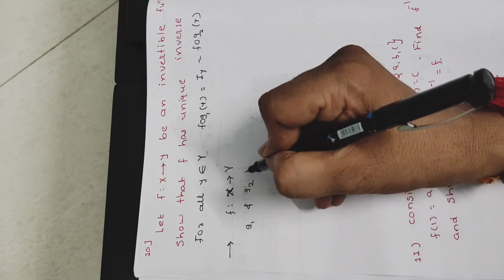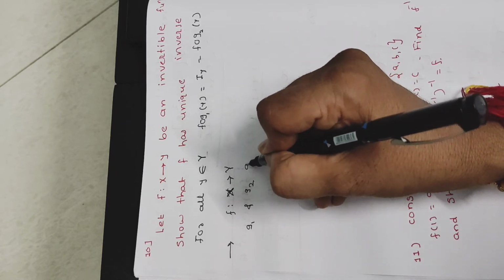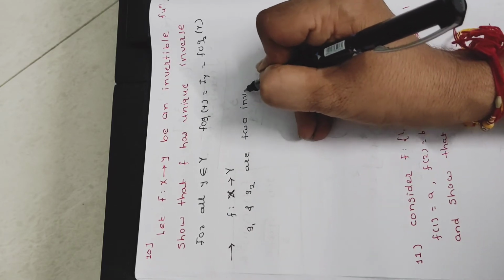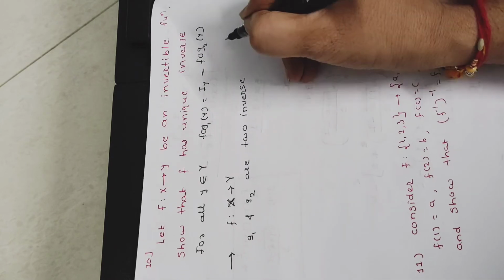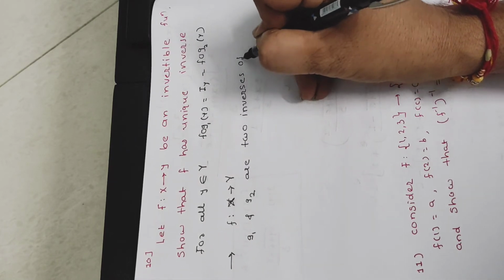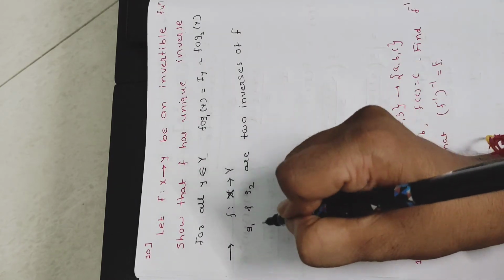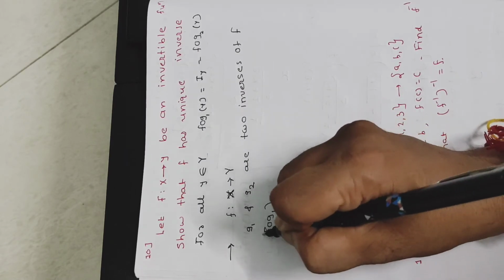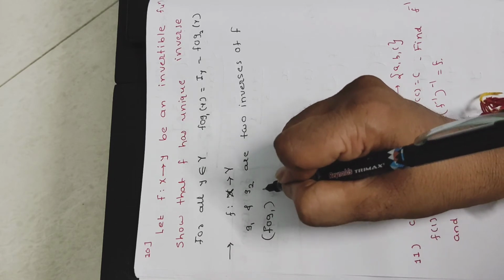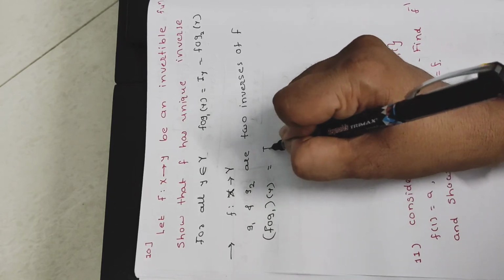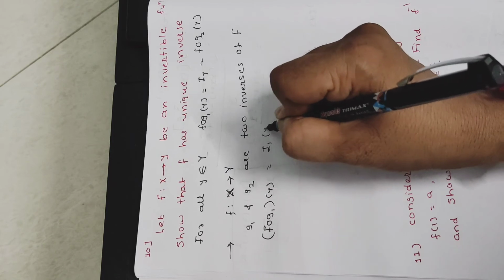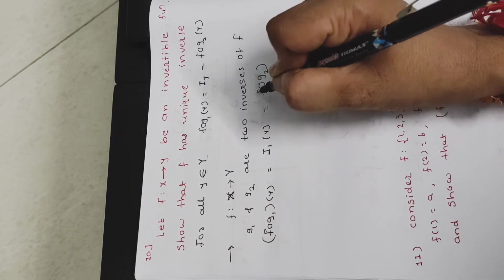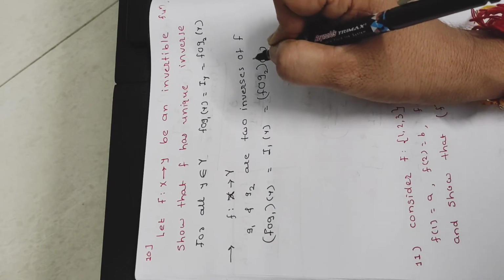So first, I will take g1 and g2 as two inverses of f. Suppose two are there. So f∘g1(y) = I(y) = f∘g2(y).